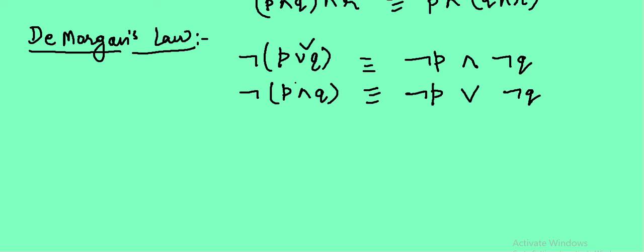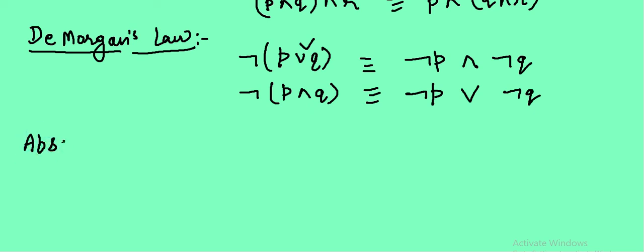It's very easy because we are taking the negation of this whole statement, and then this negation is applied to the individual propositions, and the conjunction will be changed to disjunction, and the disjunction will be changed to conjunction, right? Now we have absorption law, right?